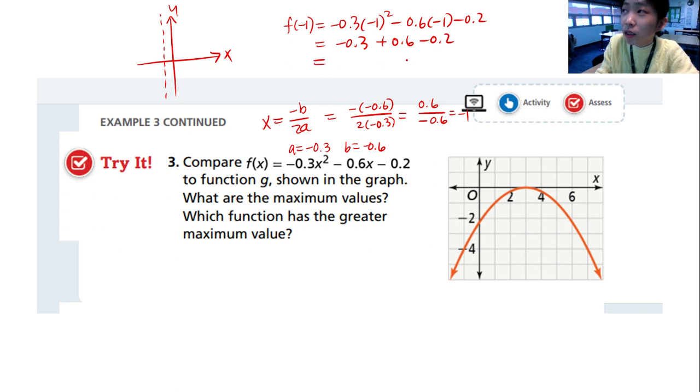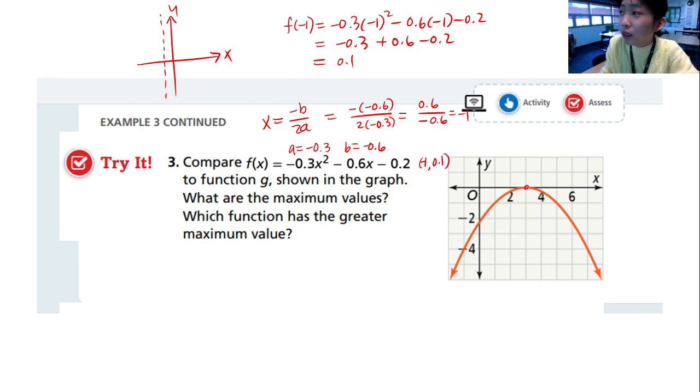And if you add that and subtract it, you're going to get 0.1, right? So then the vertex for the graph f is going to be negative 1, comma, 0.1.